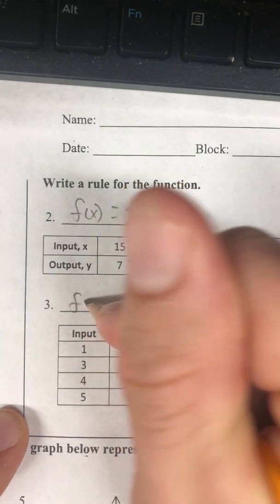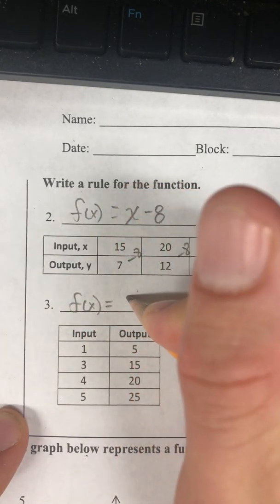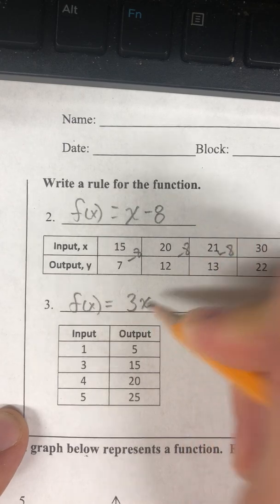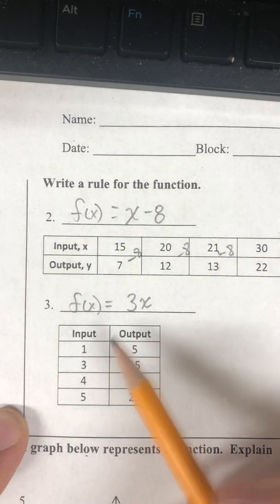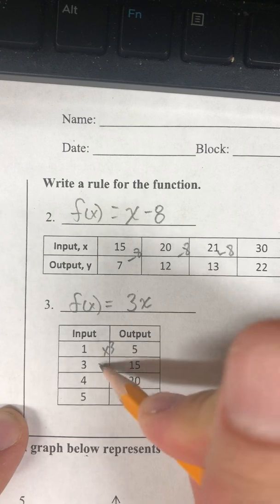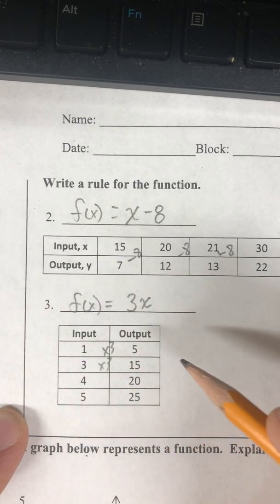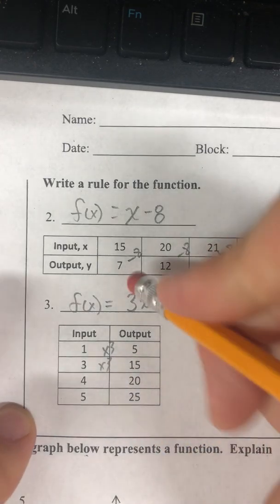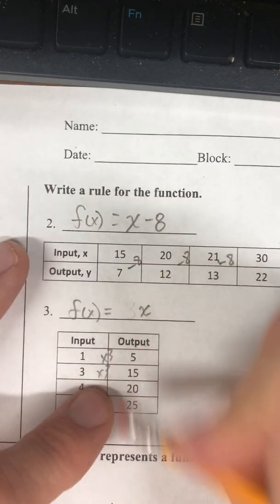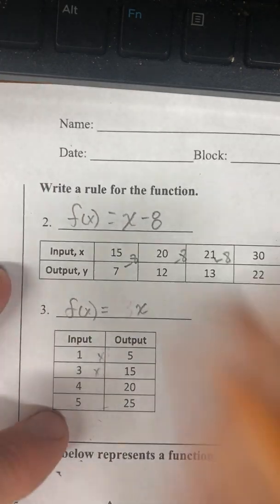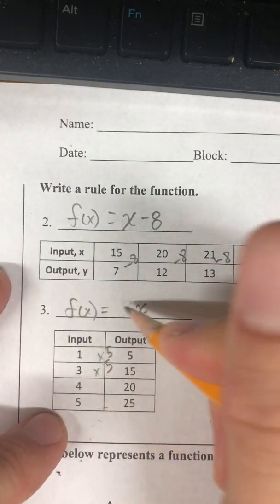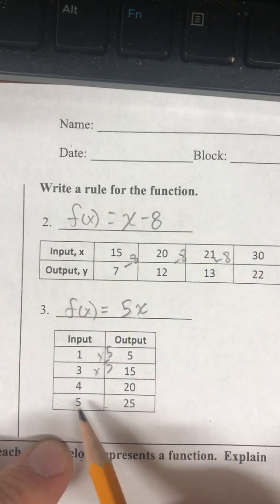So this is the function is 3 times the input. Not 3. Times 5. I'm thinking about my rule. Sorry, 5 times 5 is 25, okay?